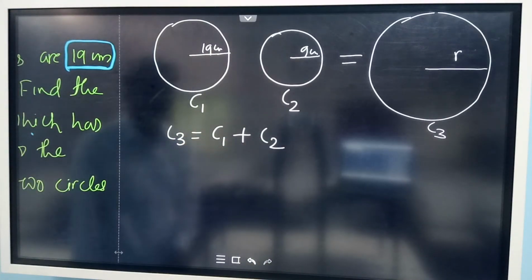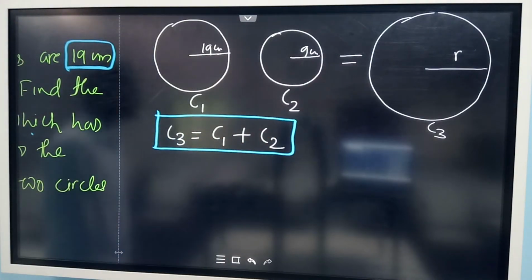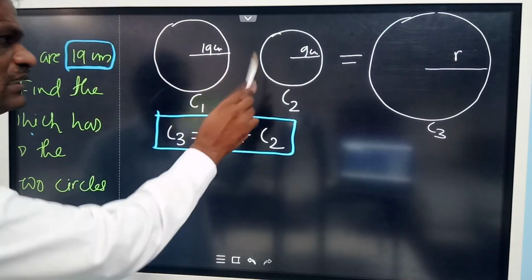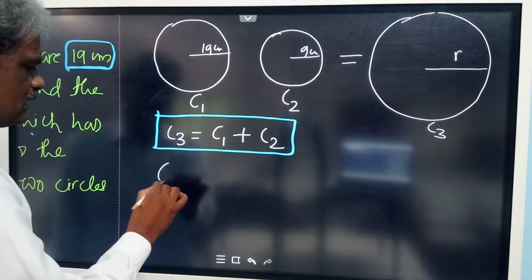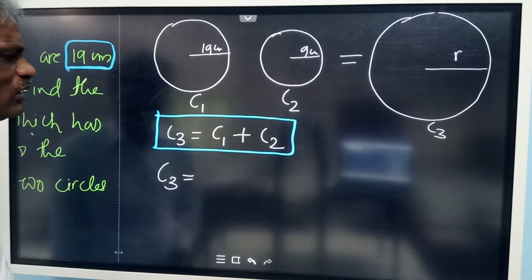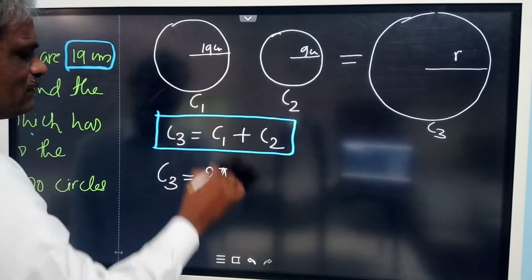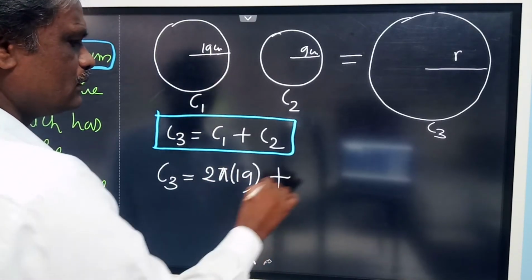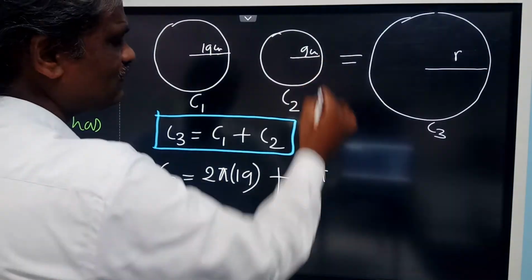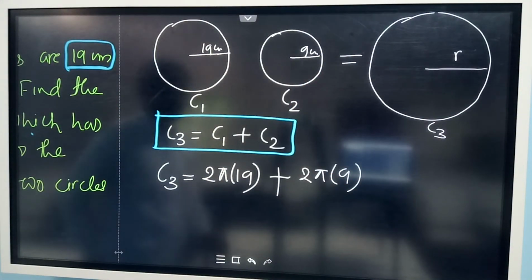This is the condition they have given. Now substitute. What is the formula? Circumference is 2 pi r. So 2 pi r is equal to 2 pi into 19 plus 2 pi into the radius of the second circle, which is 9.